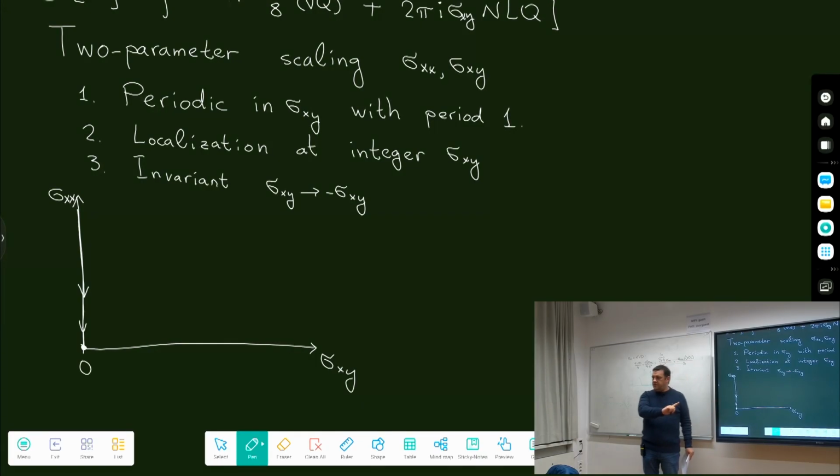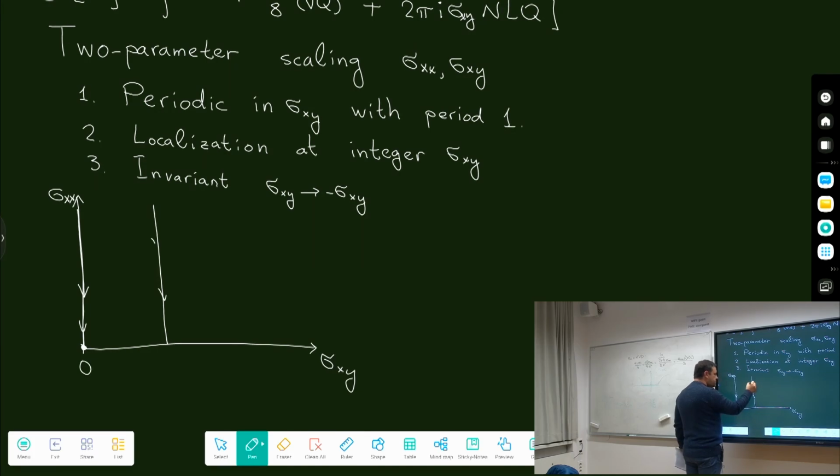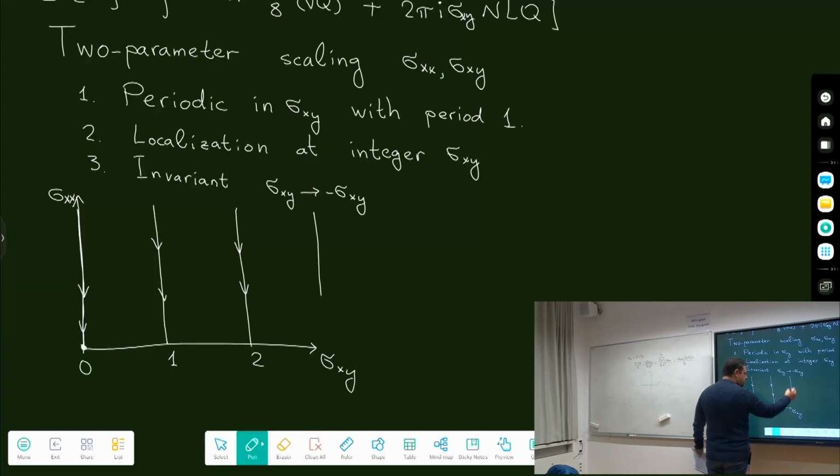And according to these rules, the same thing should happen at every integer value of sigma xy. So we should have exactly the same flow all the way to 0 for sigma xy equals 1, exactly the same flow for sigma xy equals 2, and for sigma xy equals 3, and so on.